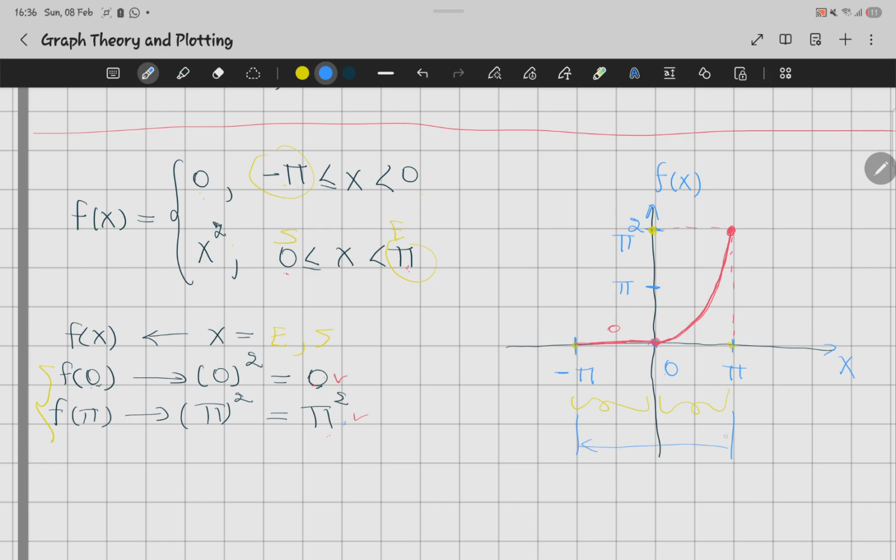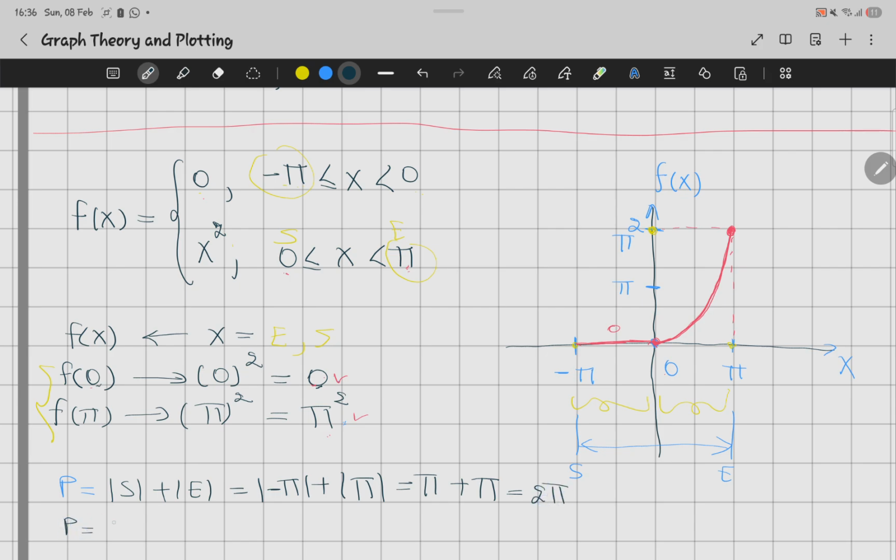In order to find the period of this function, this is where we have our starting and ending points. So the period is equal to the absolute value of the starting point plus the absolute value of the ending point, which will give you the absolute value of negative pi plus the absolute value of pi. The absolute value removes the negative sign, so you're going to have pi plus pi, which will give you 2 pi.